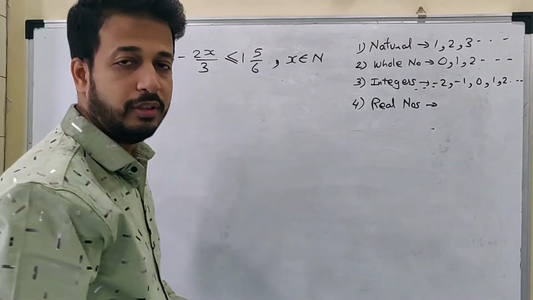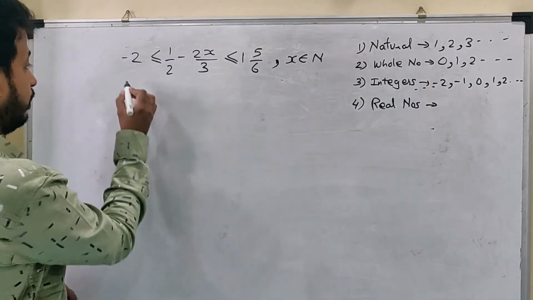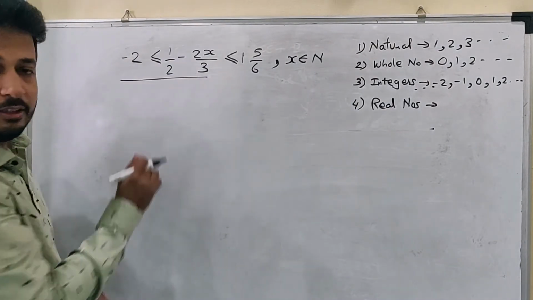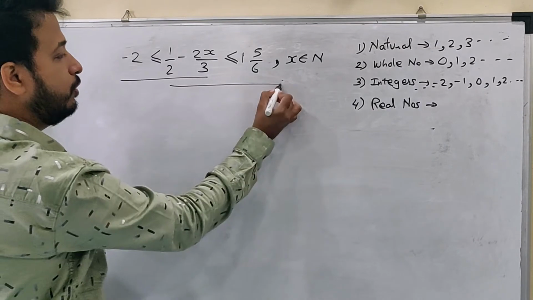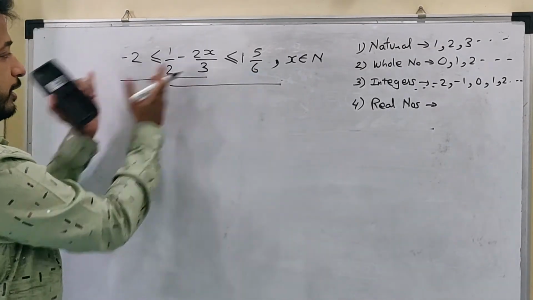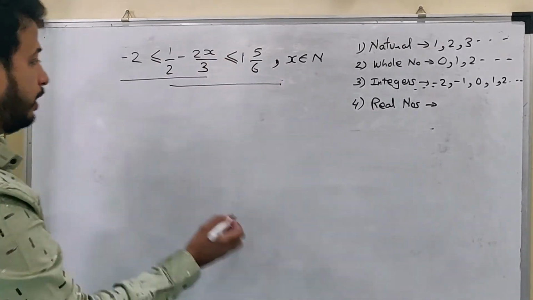Now how can we solve this? We have to equate these two things and we have to equate these two things. So I'll be solving this part separately and this part separately, correct?